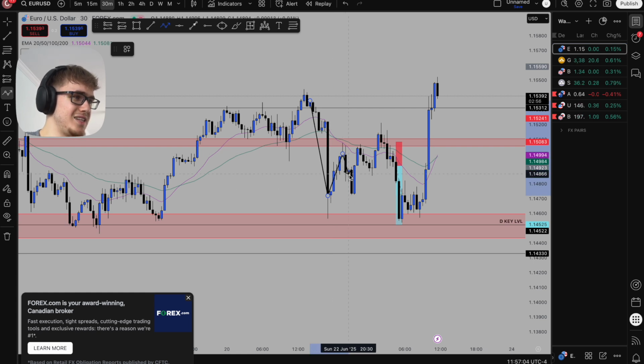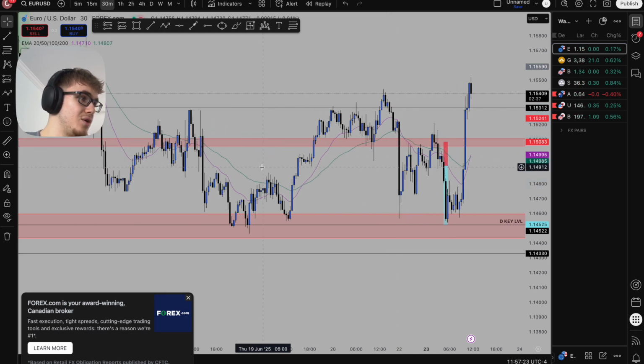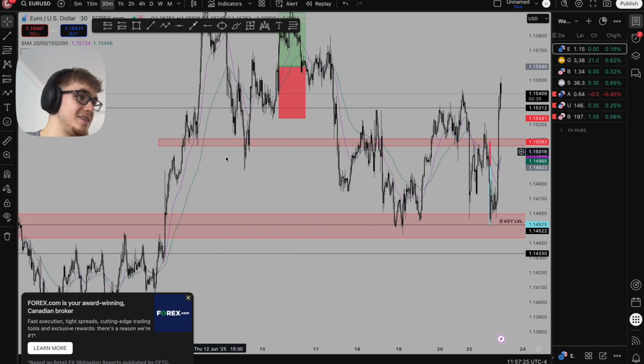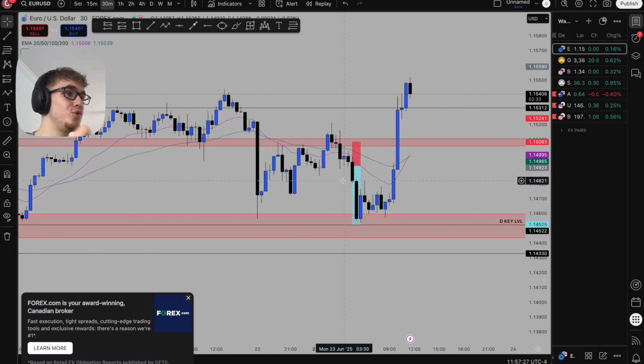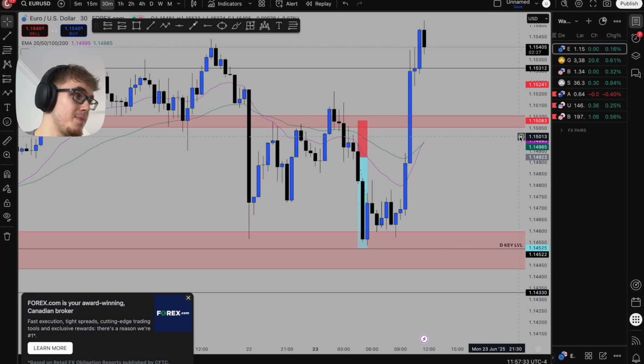And then price was showing some bullish momentum, creating higher highs, higher lows. Sorry, guys. And I saw that price was clearly rejecting this key level, which showed me that this area is used as resistance, and that we could potentially look for sells.